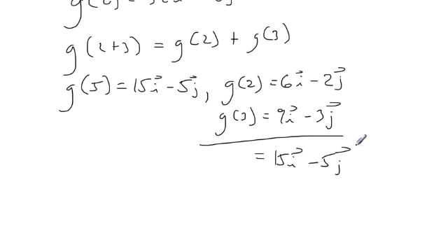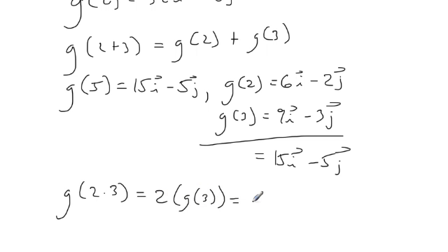On the other hand, g of 2 times 3 should be the same as 2 times g of 3. We already figured out g of 3 is 9 i hat minus 3 j hat. If I multiply that by 2, I get 18i minus 6j.